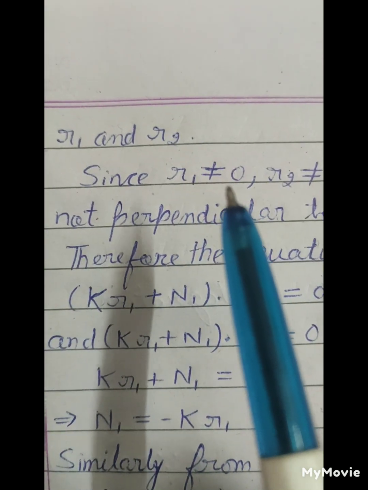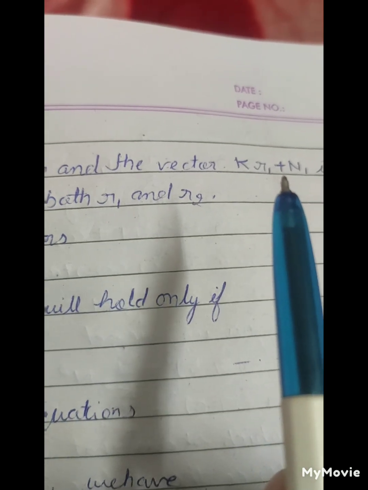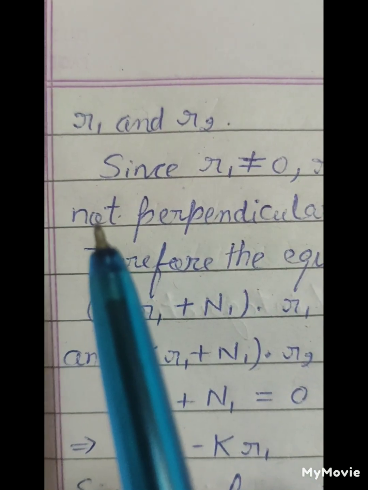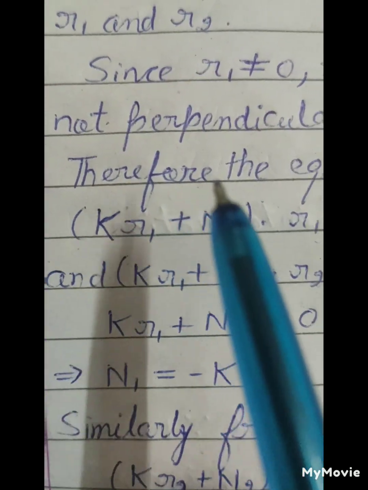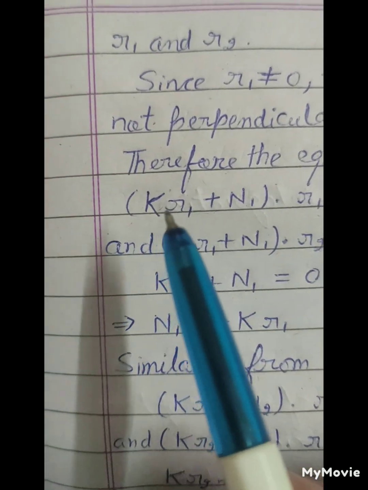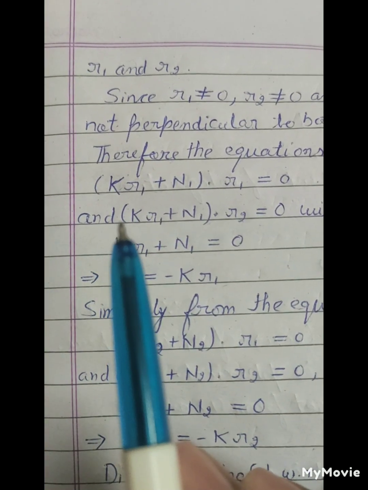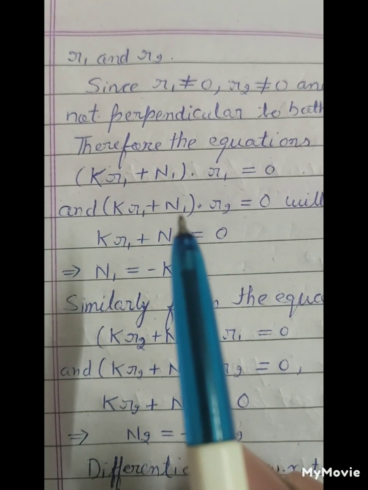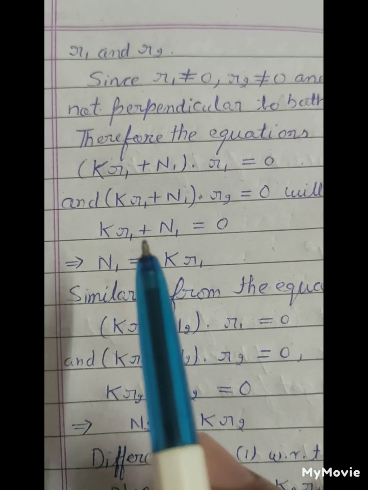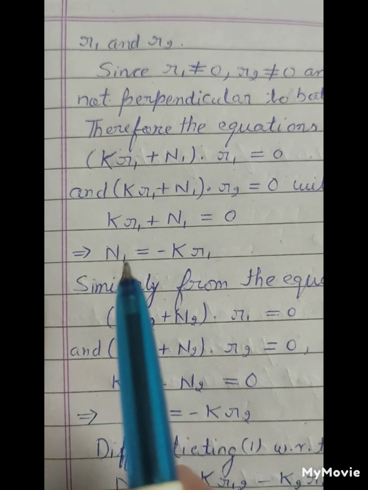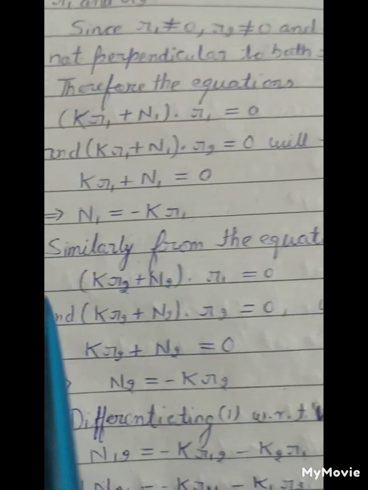Since r1 is not zero and r2 is not zero, and the vector K r1 + n1 is not perpendicular to both r1 and r2, the equations (K r1 + n1)·r1 = 0 and (K r1 + n1)·r2 = 0 will hold only if K r1 + n1 = 0, which implies n1 = -K r1, equation 1.